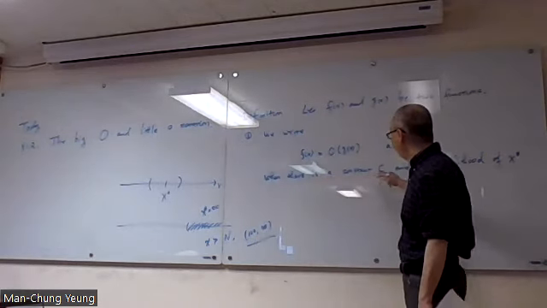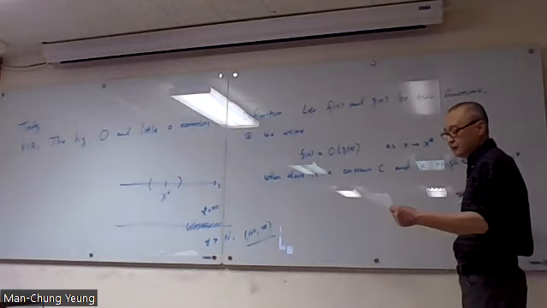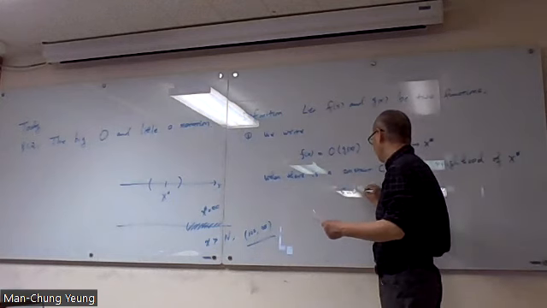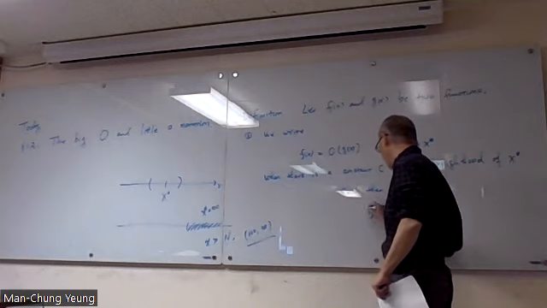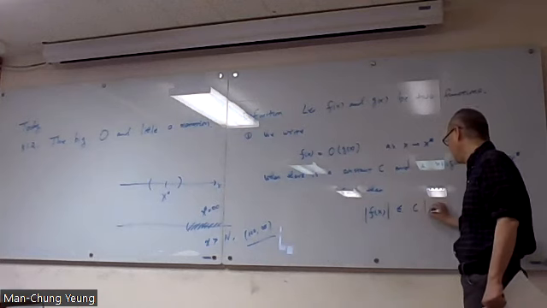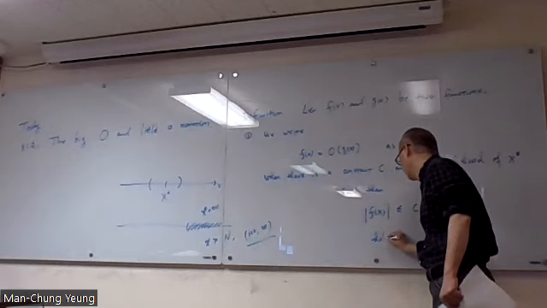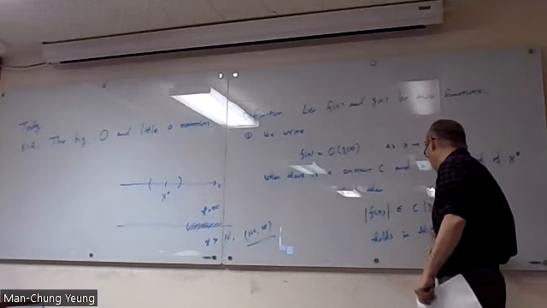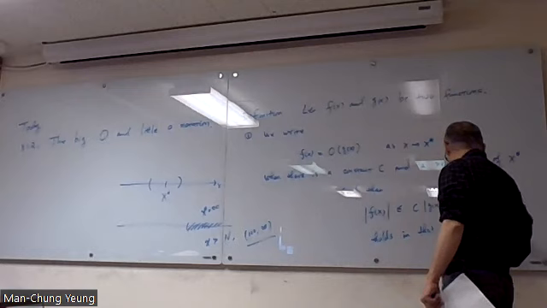If we can find a constant c and a neighborhood of x star such that the absolute value of f is bounded by c times the absolute value of g in the neighborhood.